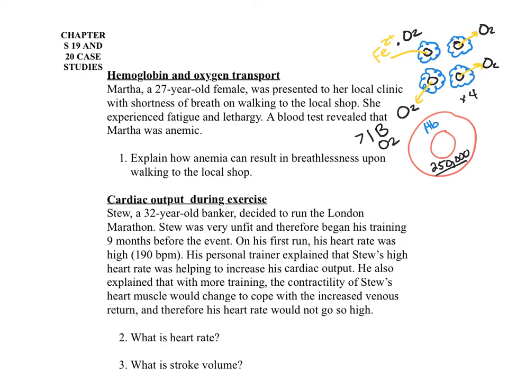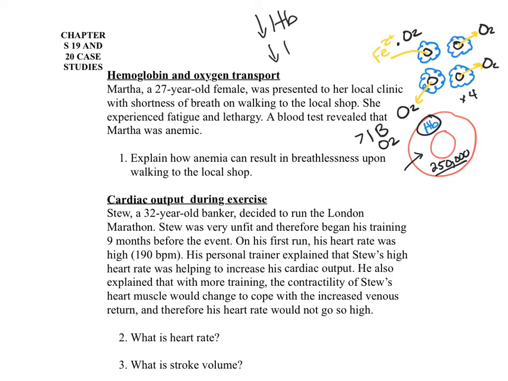So there are a number of things that can cause anemia. Possibly during anemia, you don't have as much hemoglobin, so you don't have as much oxygen carrying capacity. Another thing is that maybe you don't have enough red blood cells.